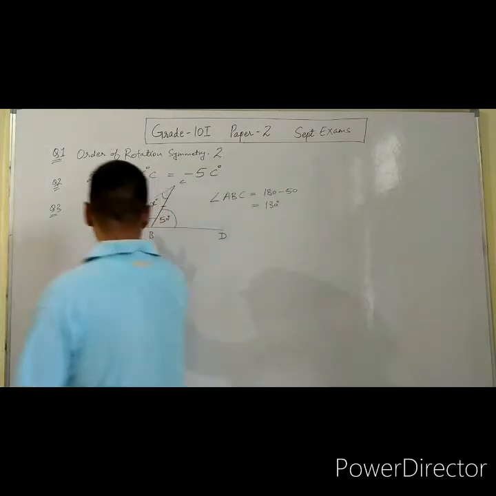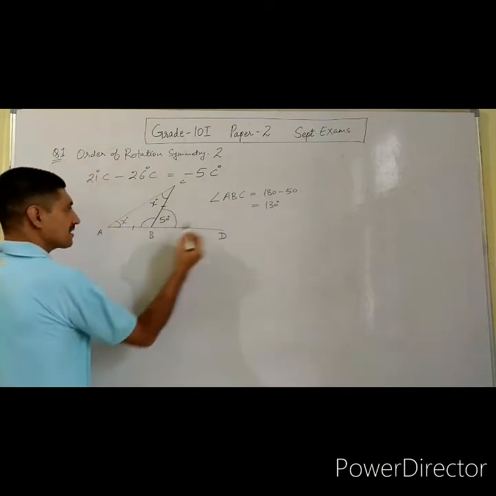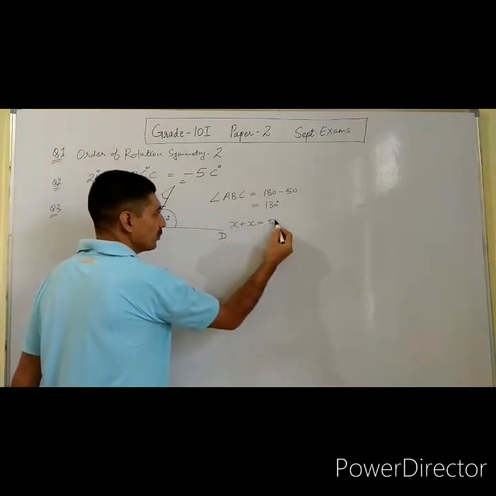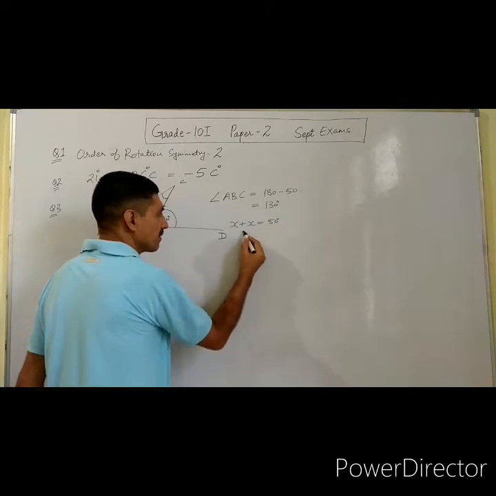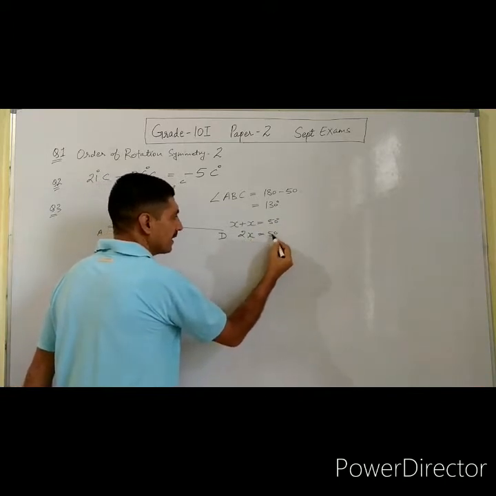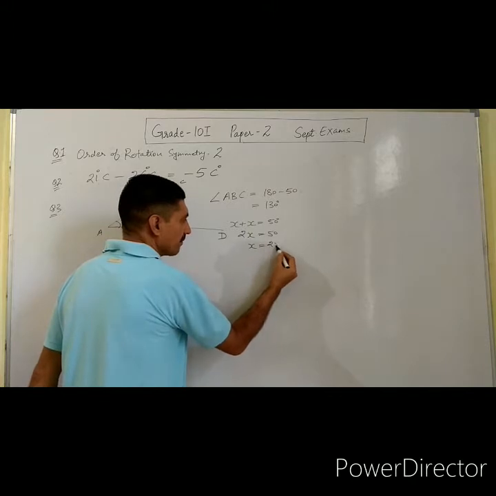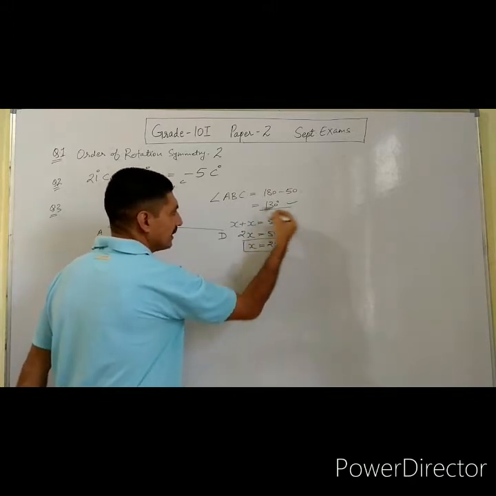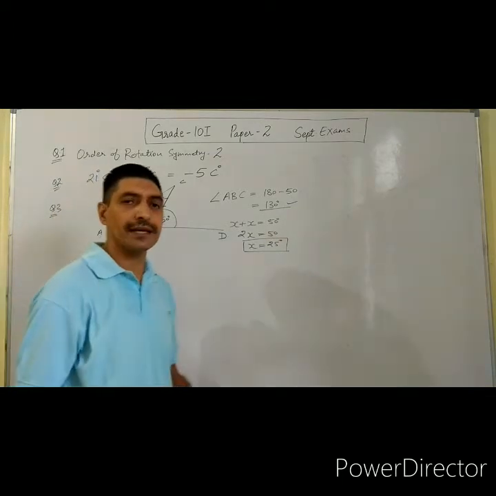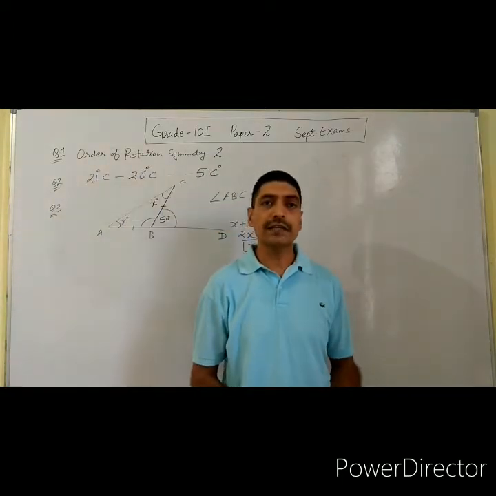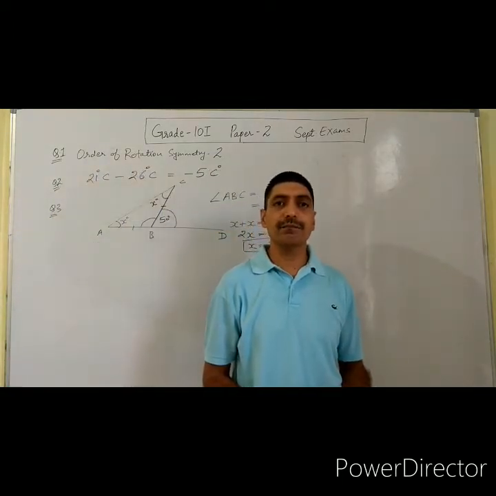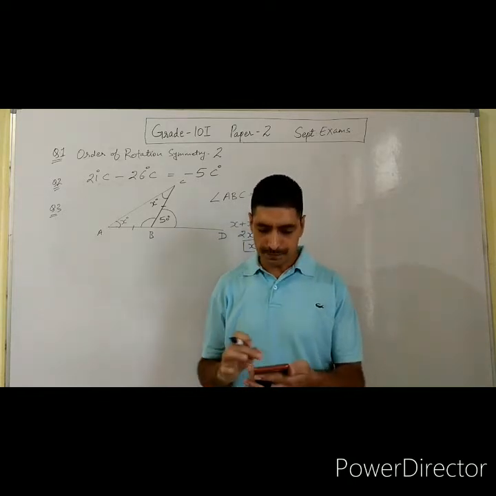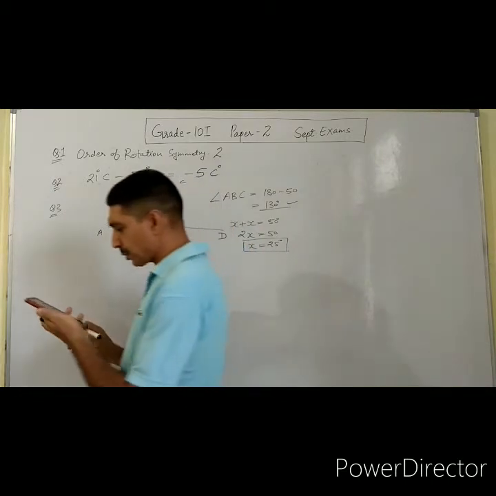So here we have x plus x is equal to 50 degrees. So twice x is 50, and x is 25 degrees, right? So in any way we can do it. We can apply the linear pair concept, or we can apply the exterior angle property of triangles, right?